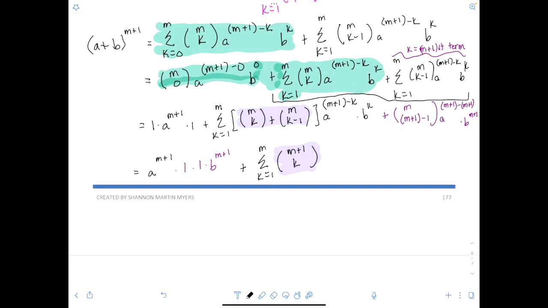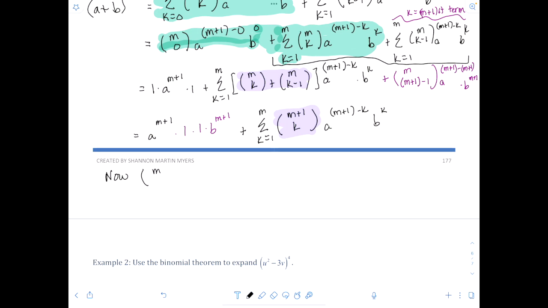All right. And then we have our a raised to the m plus 1 minus k times b to the k. M plus 1, choose 0, times a to the m plus 1.